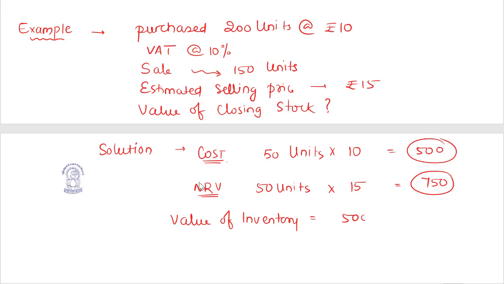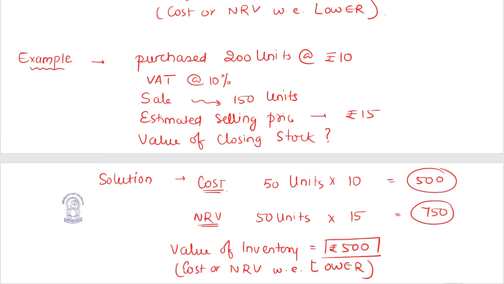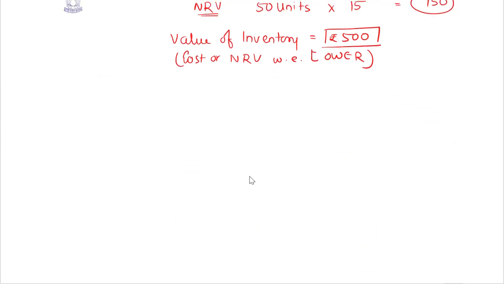Value of inventory equals rupee 500. What formula have we used? Cost or net realizable value, whichever is lower. Is it clear to all of you? I believe it is clear. Let us move ahead. Let us see one more additional example.